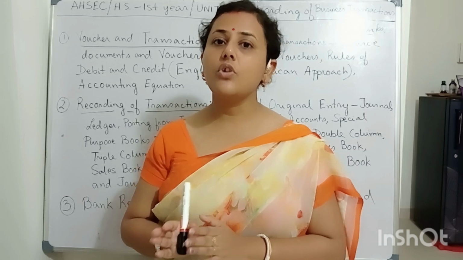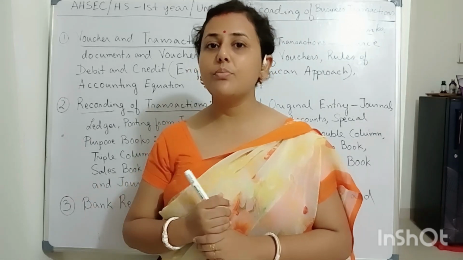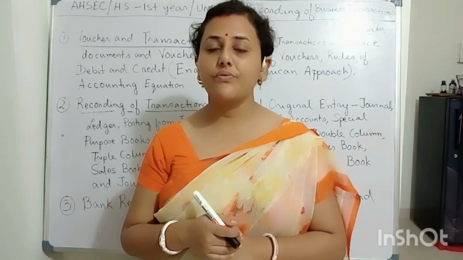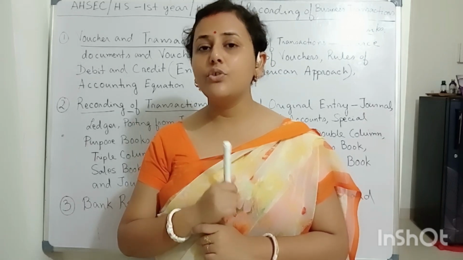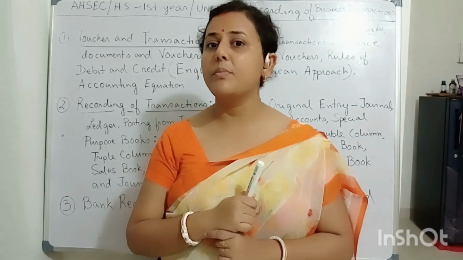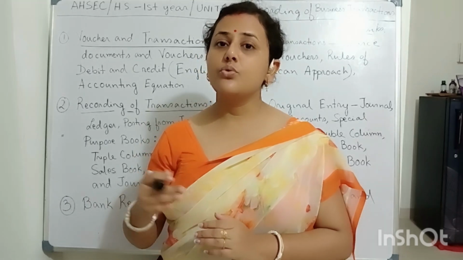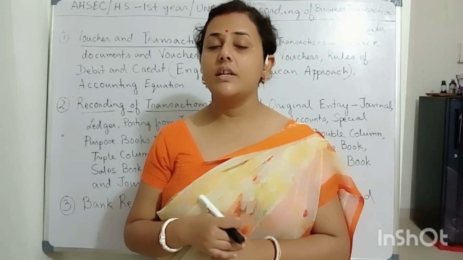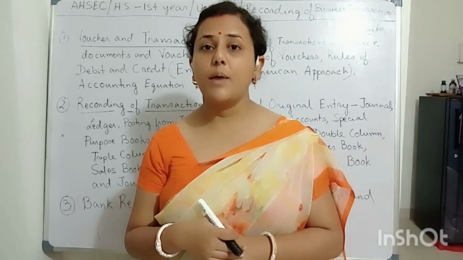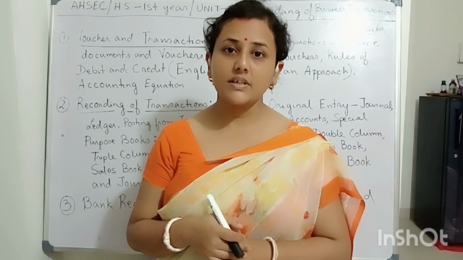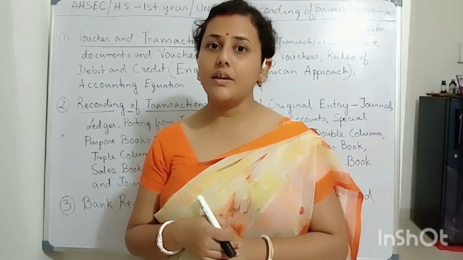There is English approach, there is American approach. I will discuss one by one, and I have made videos also. You can check my earlier videos where I have given the rules of debit and credit in English approach as well as American approach. Then also I will discuss one by one again.